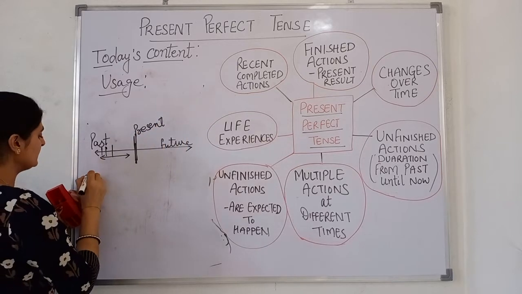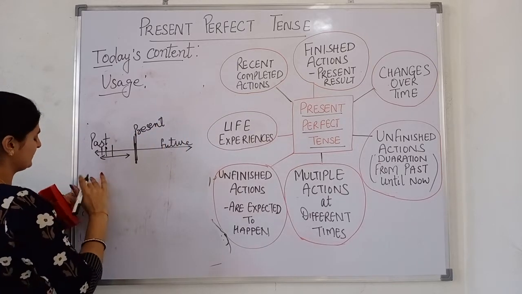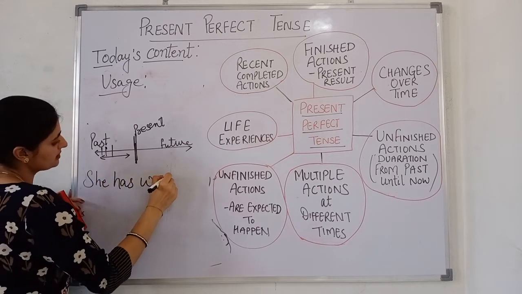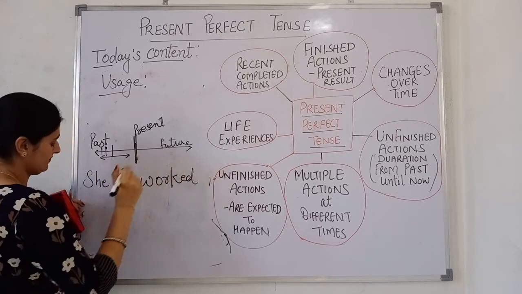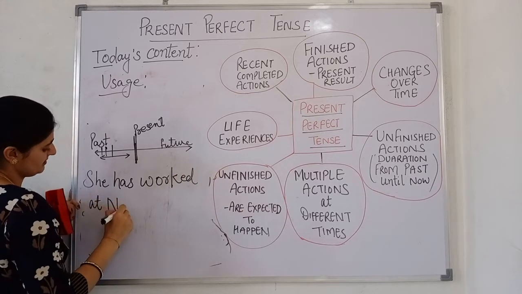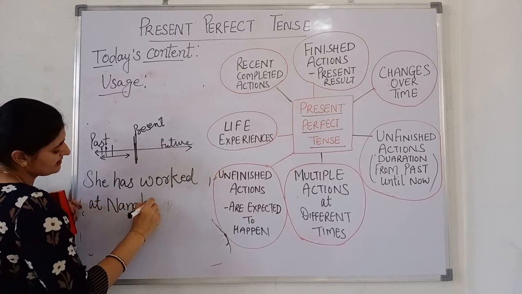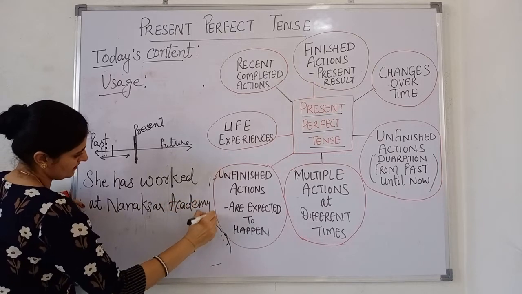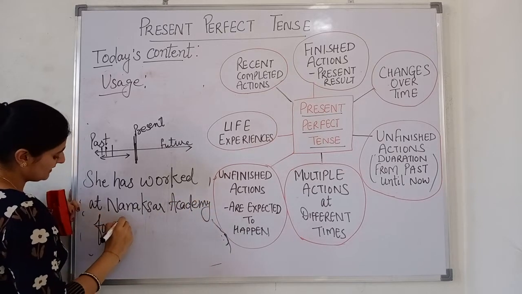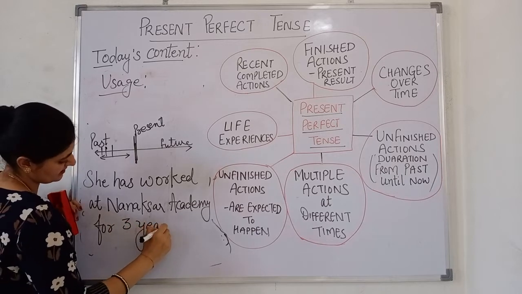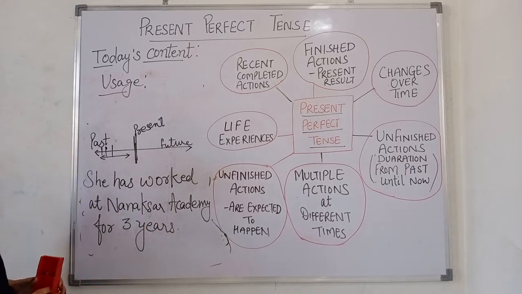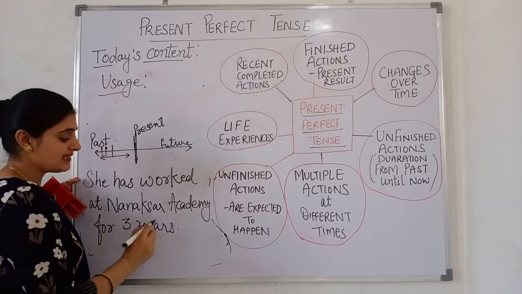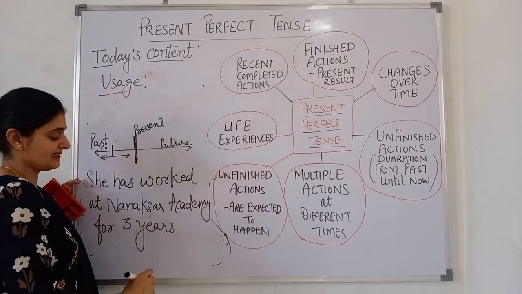For example, she has worked at Nanak Sir Academy for 3 years. Okay, we use since and for in these types of sentences.